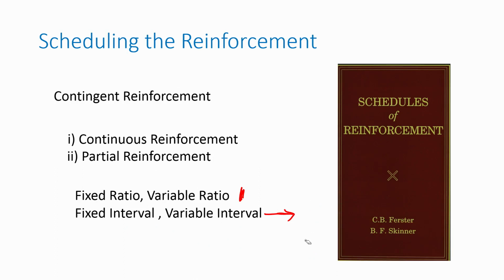It is an entire book, very well written, just describing the schedules of reinforcement. With this, we will stop here in this lecture. Thank you, and we will continue in the next lecture on the effects of these different schedules, and then venture into asking the question that we started on: do they learn in a cognitive manner or in a reflexive manner?